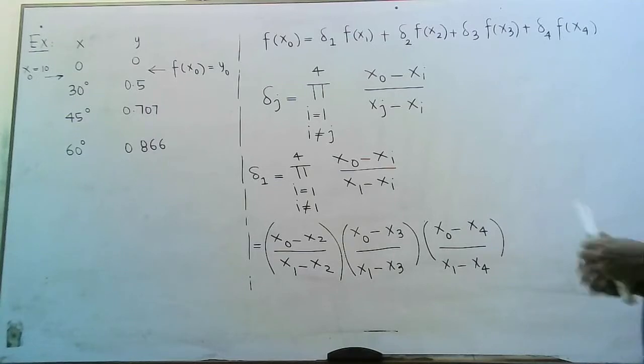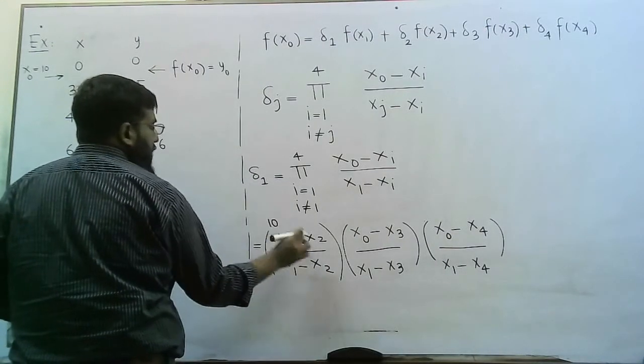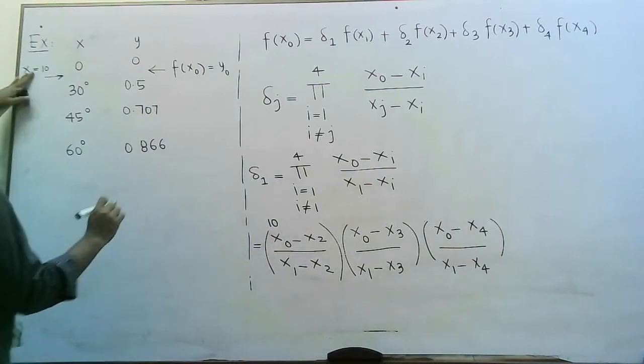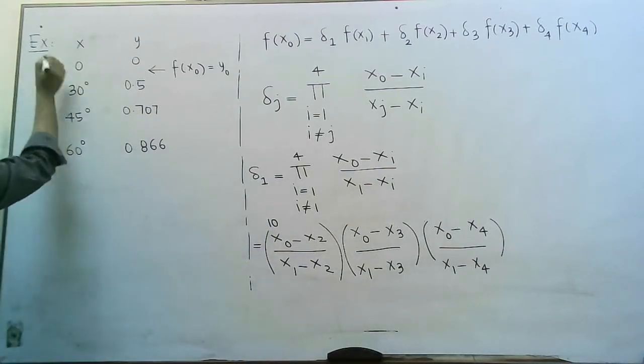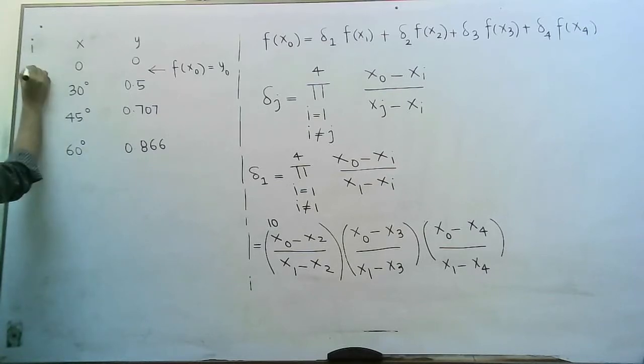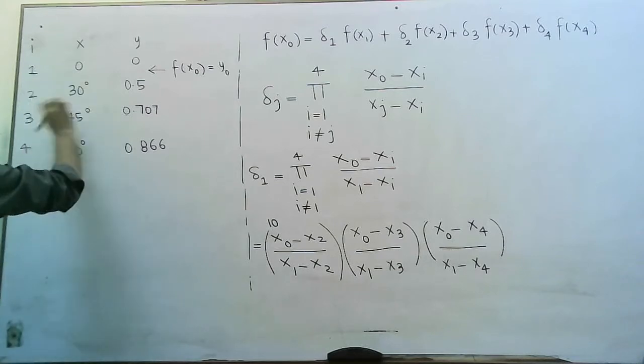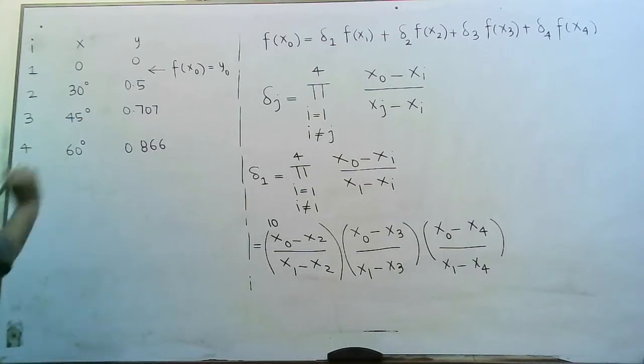So we'll plug these values here. x naught is 10, and these are the indices: this is x, this is 1, 2, 3, 4. x1 is 0, x2 is 30, x3 is 45, x4 is 60.